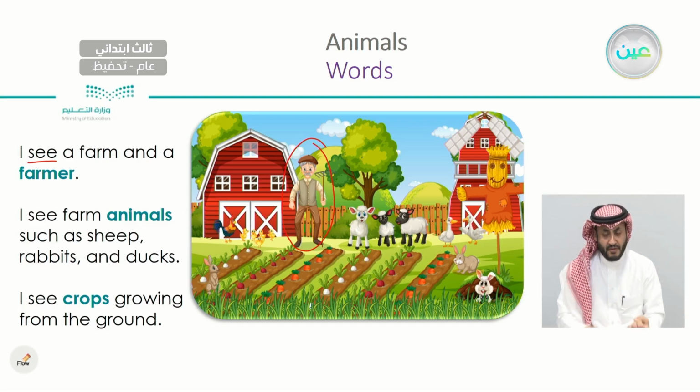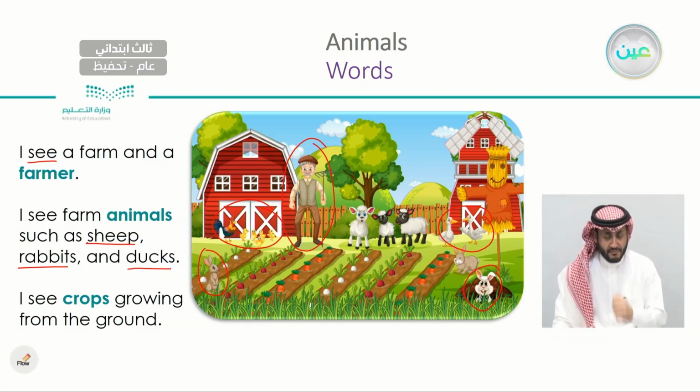I see farm animals, right? And look at this rabbit. He came from underground. I see farm animals such as sheep, rabbits, and ducks. Now let's read this last sentence together.